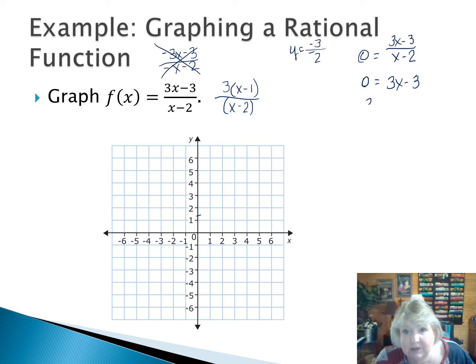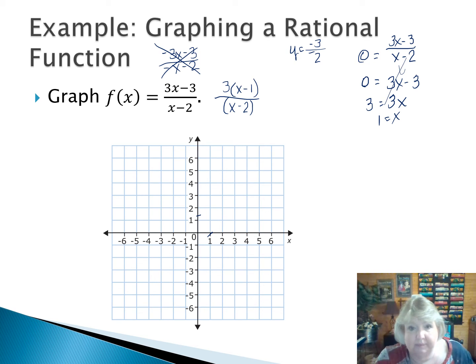Since it said minus 3, I say plus 3, and I get x is 1. So my x-intercept is right there. Okay, so I've got a total of 2 points, and that's not going to help me at all with this graph until I figure out something else.